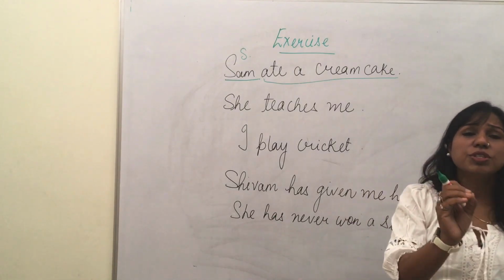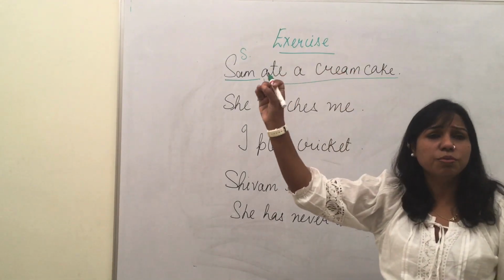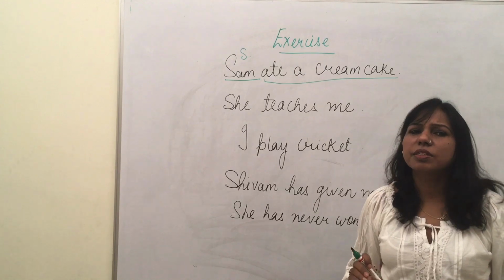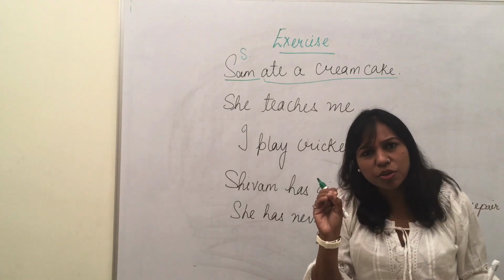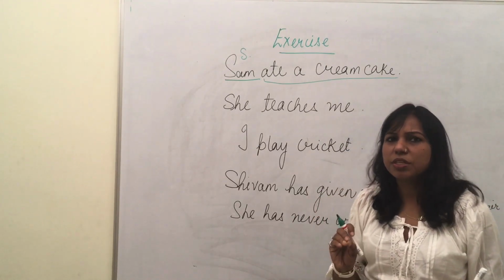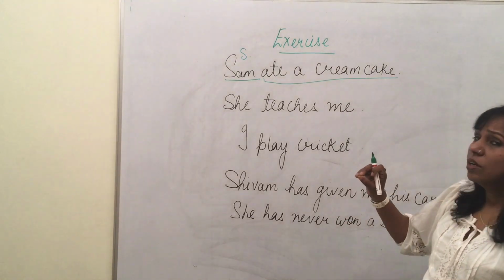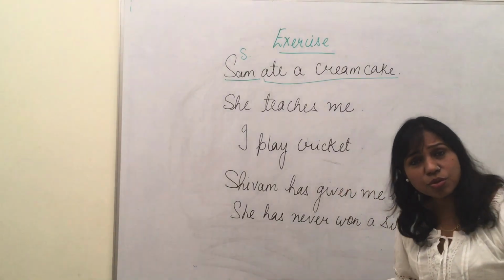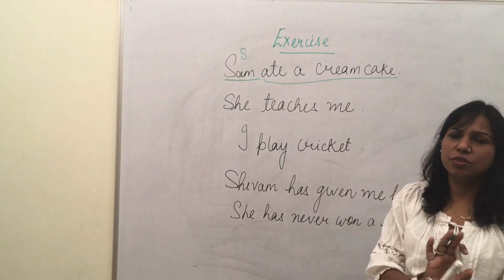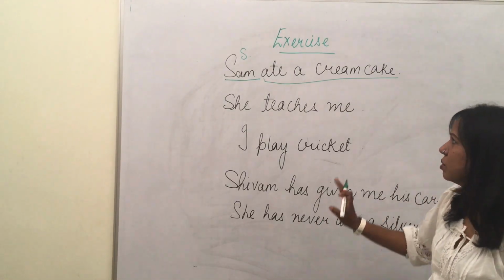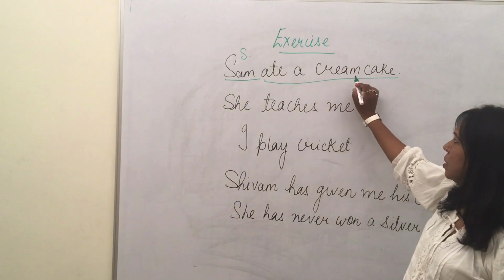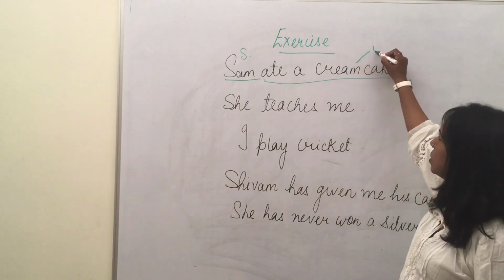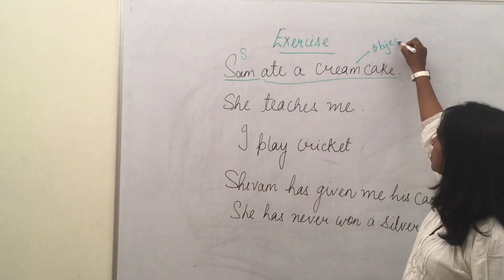Trust me, when that question, what or whom, arises in your mind, the answer you get in that sentence, only that word is the object. And again, the subject is a noun or pronoun, and the object is also a noun or pronoun. It is not going to be any other part of speech. Okay, so what did Sam eat? He ate a cream cake. So this becomes the object here.